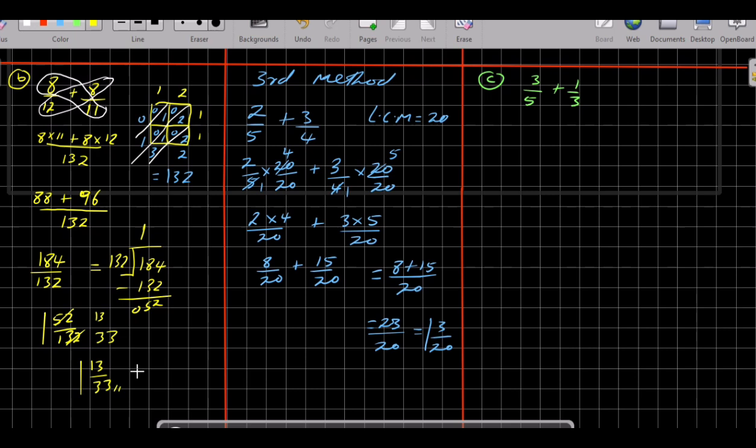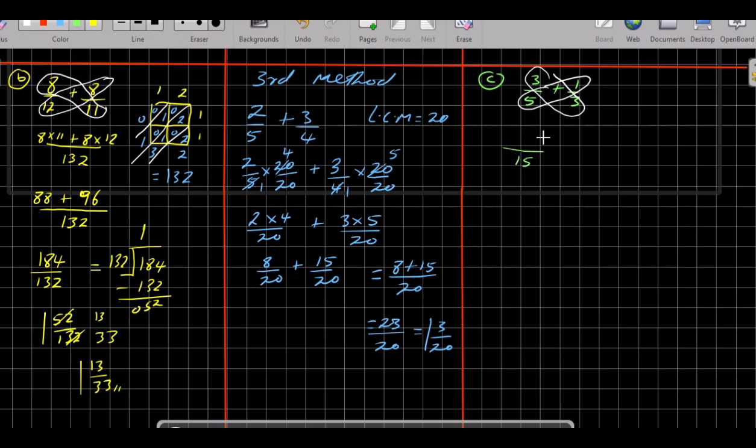Now let's proceed to the third question. For the third question, we're still going to use our butterfly method. I told you earlier that I will just adopt one of the methods given earlier. So let's multiply our fractions. Find the LCM. To find the LCM, we just multiply 5 times 3, and 5 times 3 will give us what? 15. I have my 15. Then let's multiply diagonally.